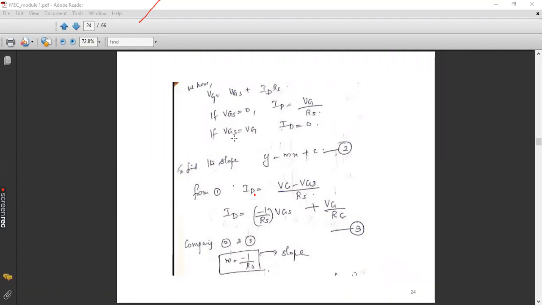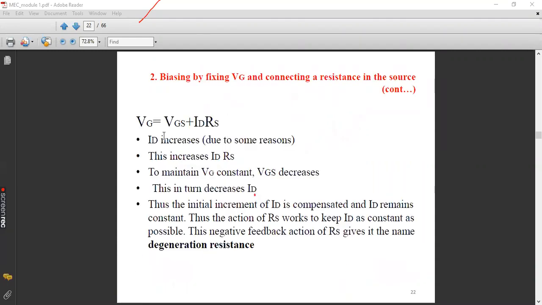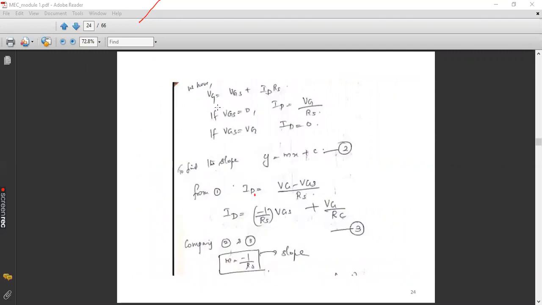For that you have to apply KVL in your circuit. Already we have written this. The KVL is VG is equal to VGS plus IDRS. Take down that equation again. VG is equal to VGS plus IDRS. So in this equation, you are putting ID as 0. Why are you putting ID as 0? Because you are trying to find the coordinate in x-axis.